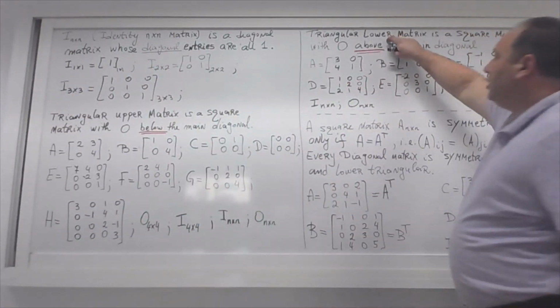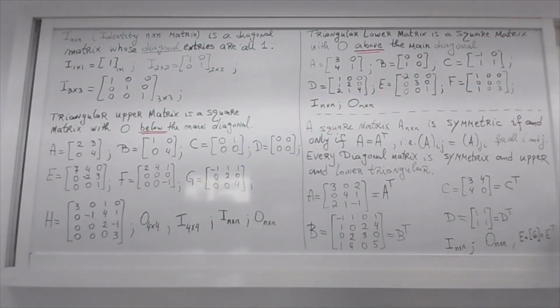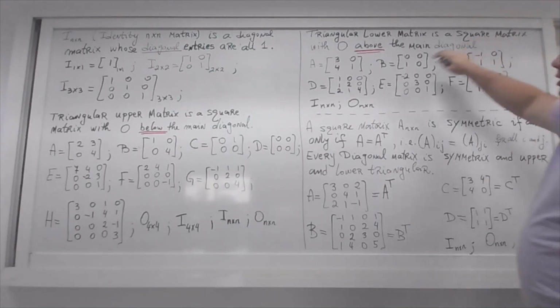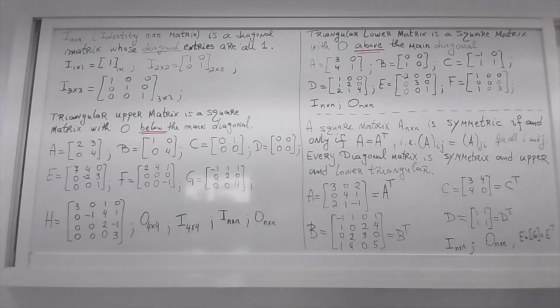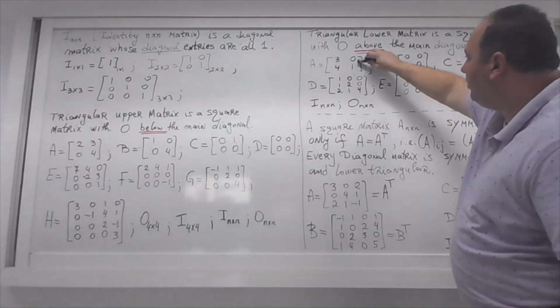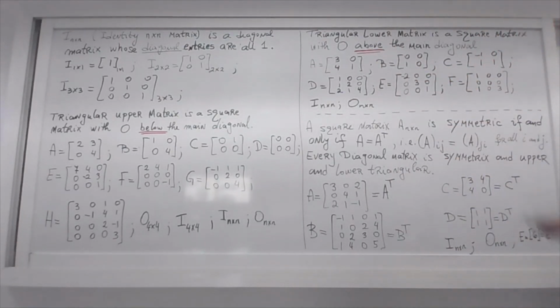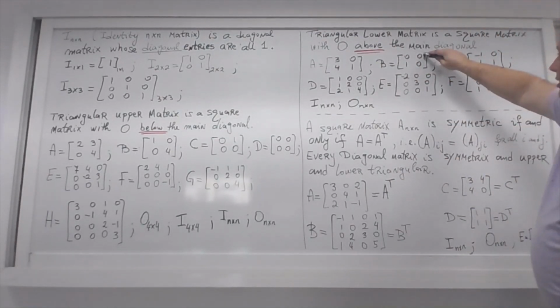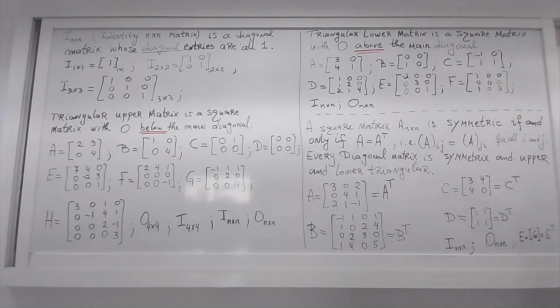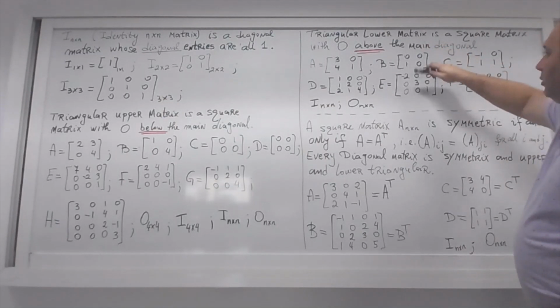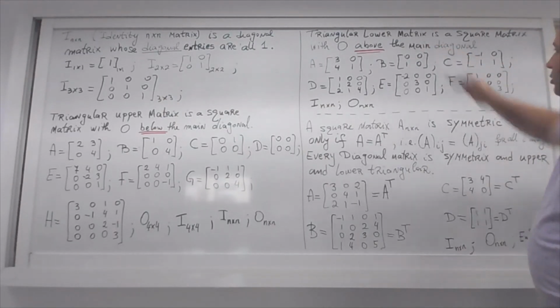Something similar for lower triangular matrix. It's again a square matrix with zeros, this time above the main diagonal. So in this case, we have 0 above the main diagonal, so this is lower triangular matrix. 0 above the main diagonal, lower. Okay? We don't care what is on the diagonal, we don't care what is below, only what is above.